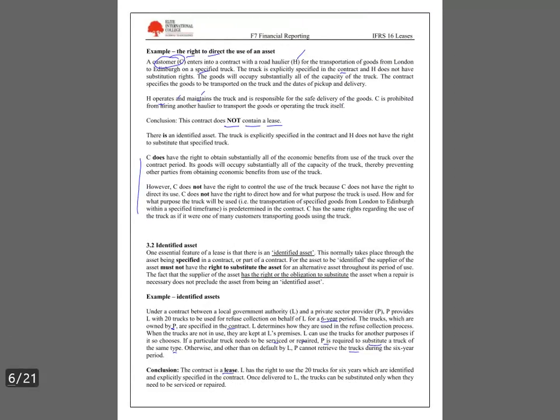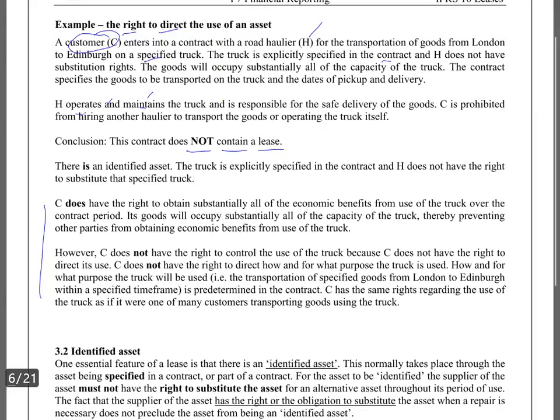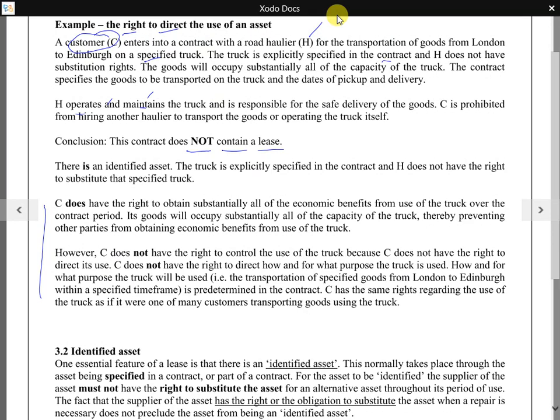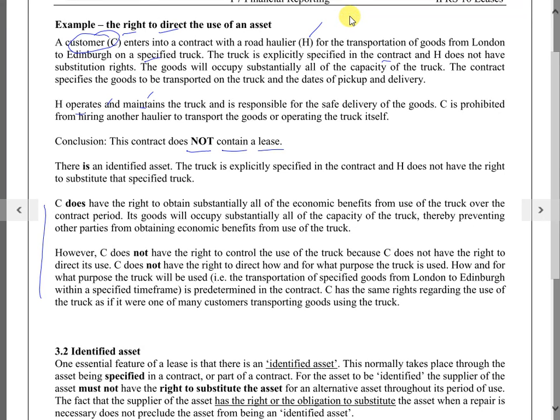And then we have 2 examples on the right to use. Over here, the first one, I actually engaged this transporter to transport from London to Edinburgh. The contract is signed, and the route is from London to Edinburgh.